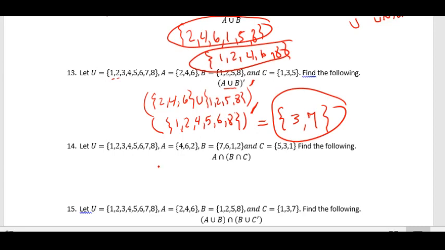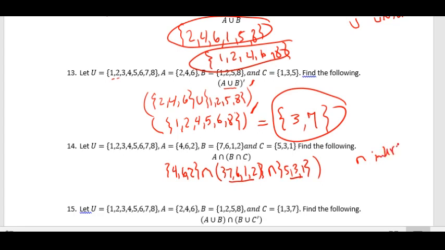Okay, the next one we have A, which is 4, 6, and 2, intersected with B, 7, 6, 1, 2, intersected with C, 5, 3, and 1. This symbol means intersection, which is what do they have in common?